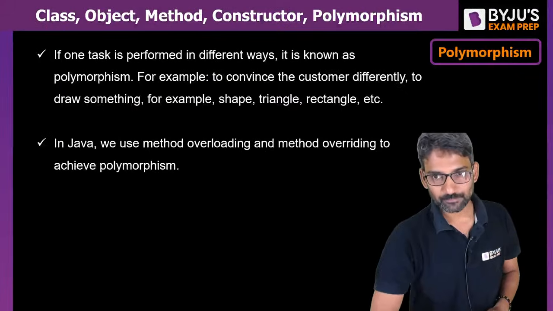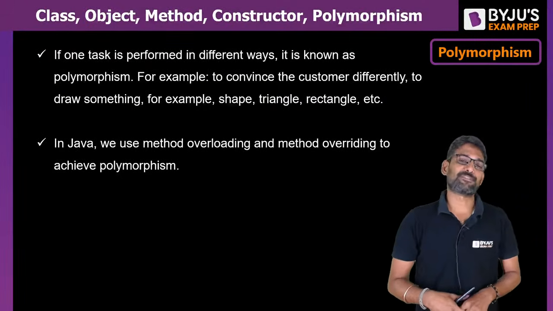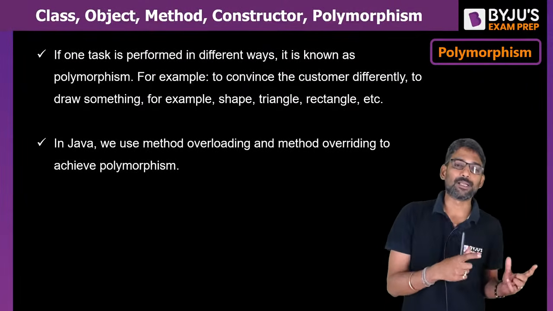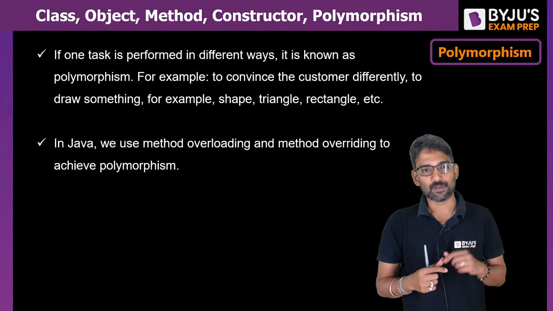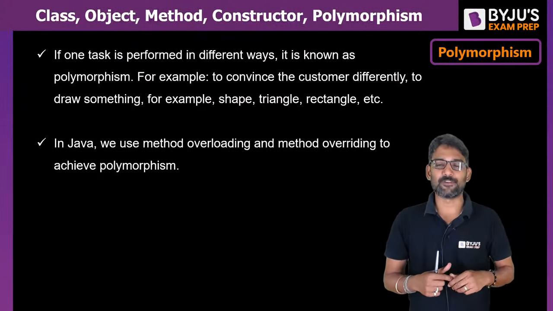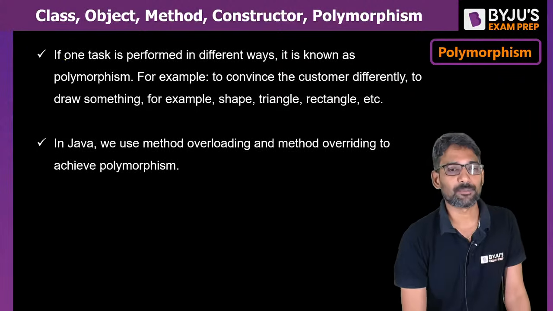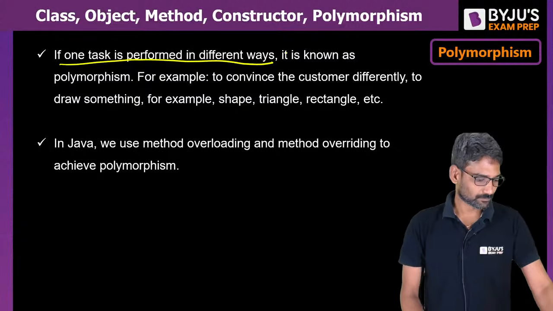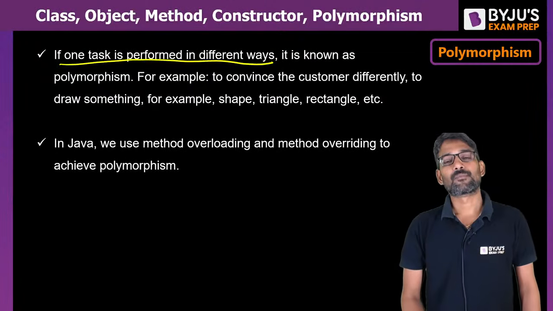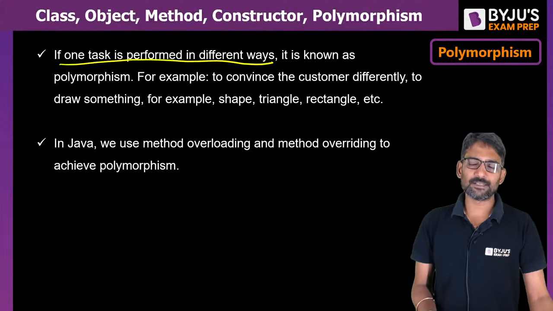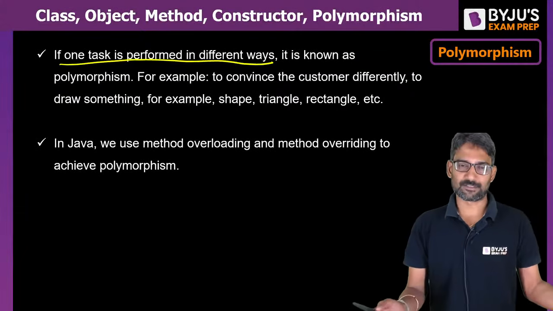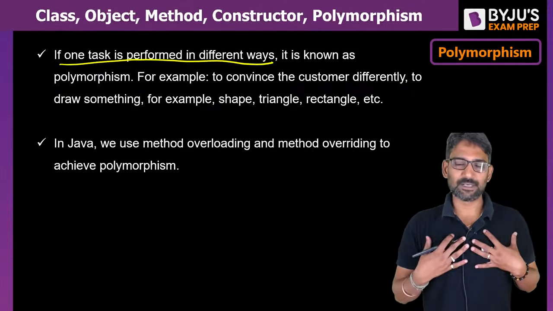Okay? And then polymorphism. What is polymorphism? Polymorphism: one in many forms, one task performed in many ways. If one task is performed in different ways, that is called polymorphism. It is possible, right? There is no need of explanation. One task we can do in many ways, right? Suppose I am teaching OOPS concepts.